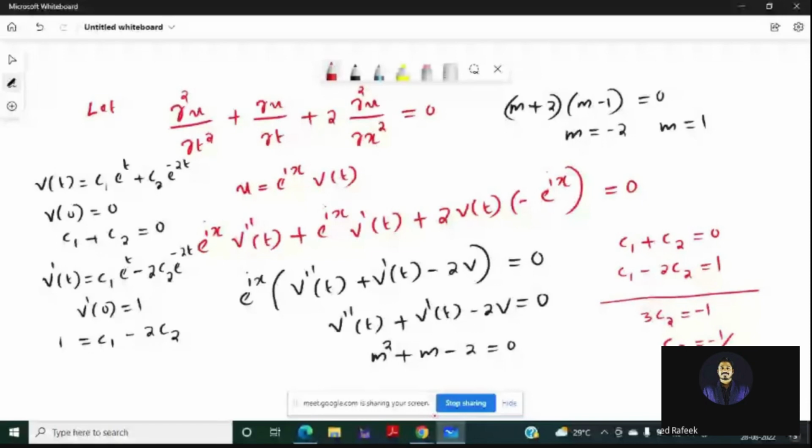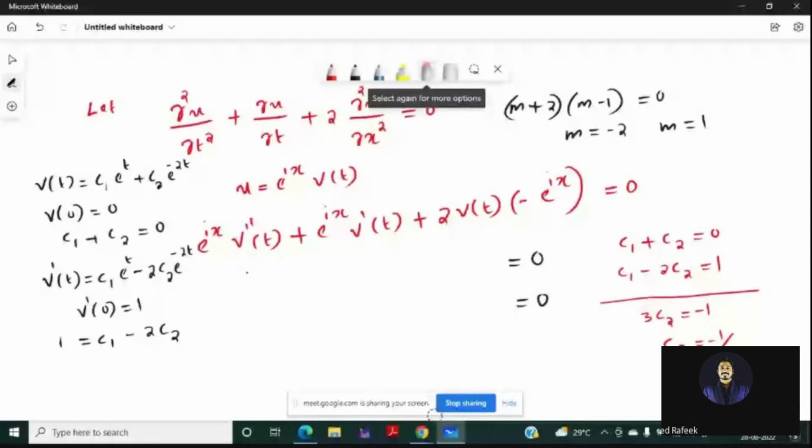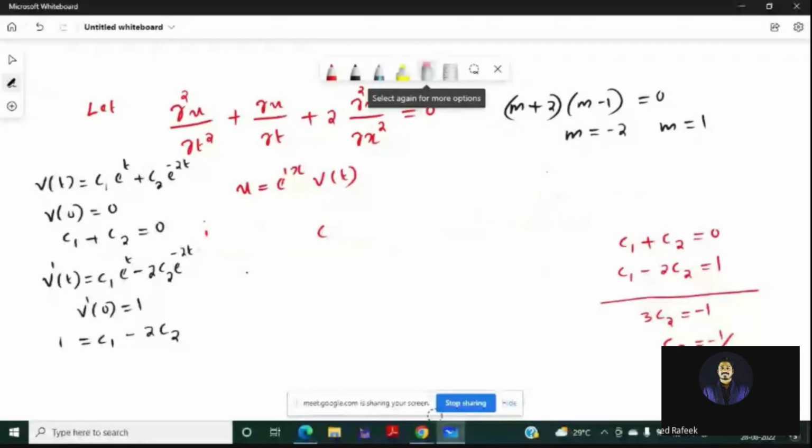So your solution now is like this. V of t is equal to 1 by 3 e raised to t minus 1 by 3 e raised to minus 2t.